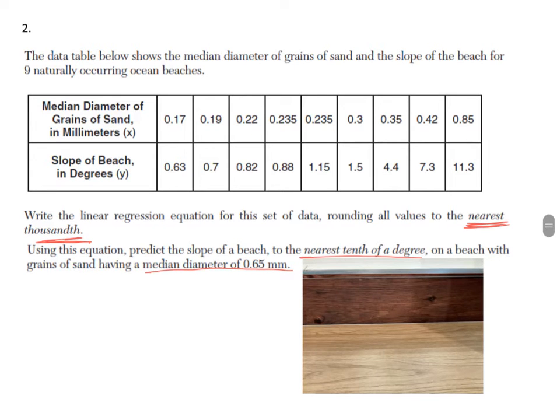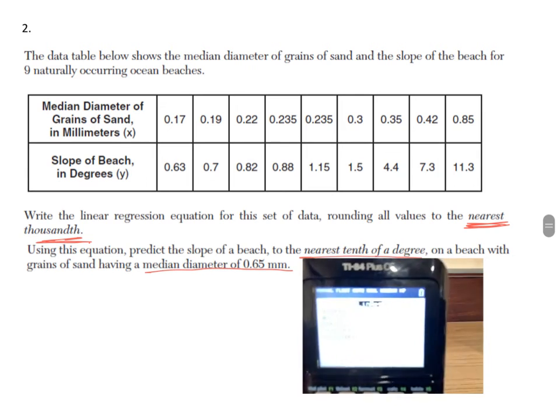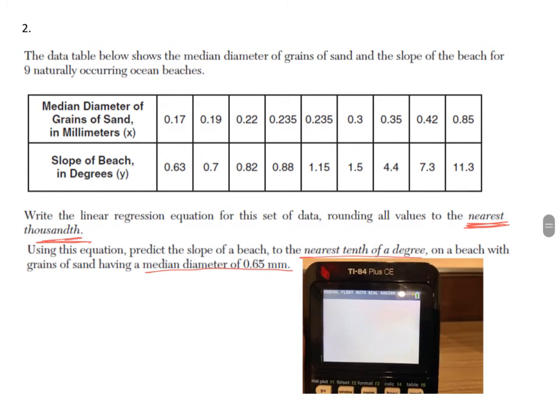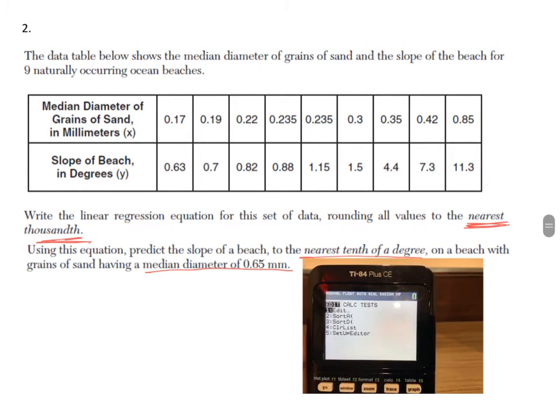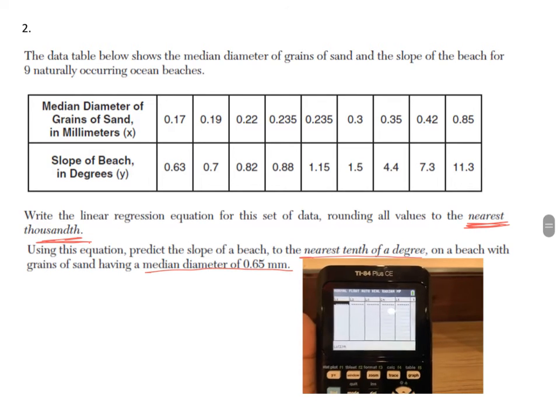So we've got this. Let's go to the calculator. Let's plug in all the values, clear this, go to stat, go to edit, clear all our values as we normally do, clear everything. And then let's plug in all the values.